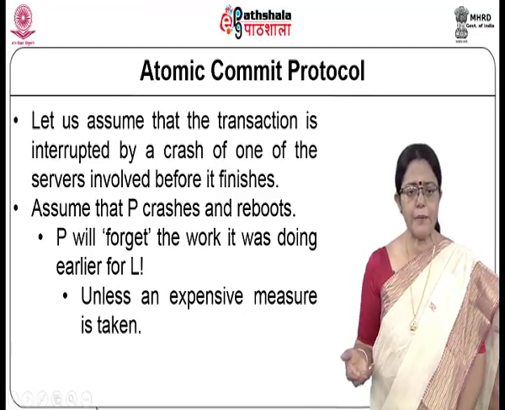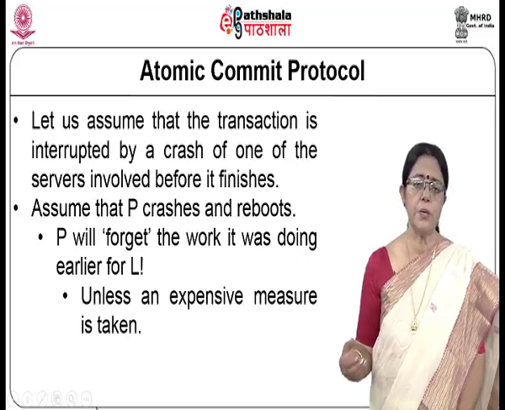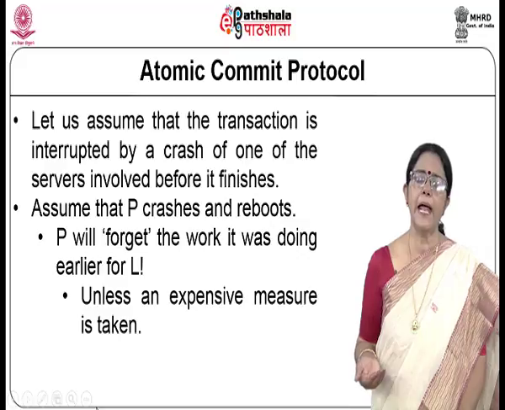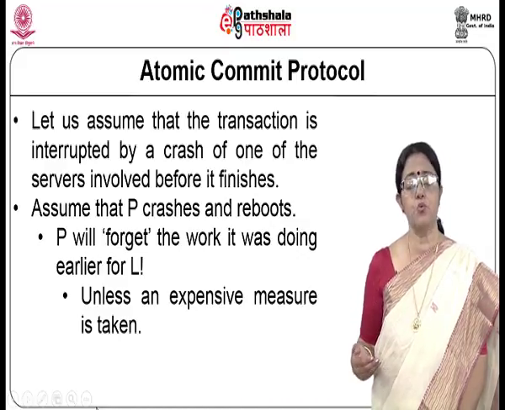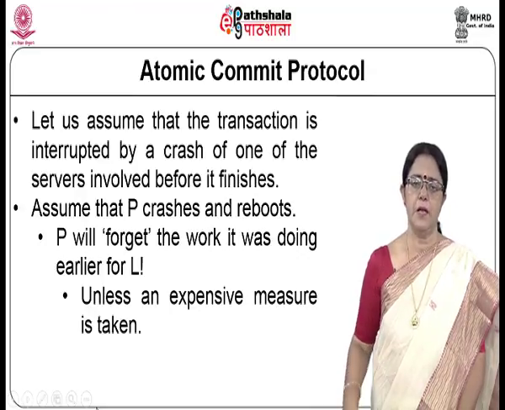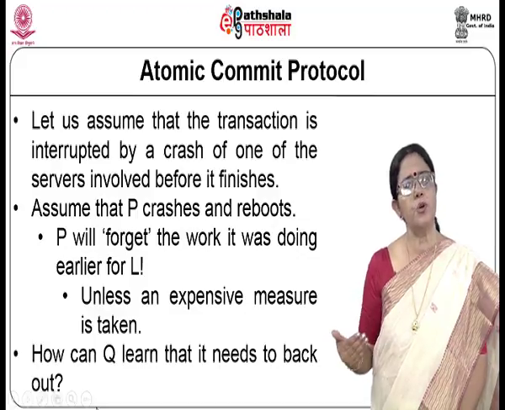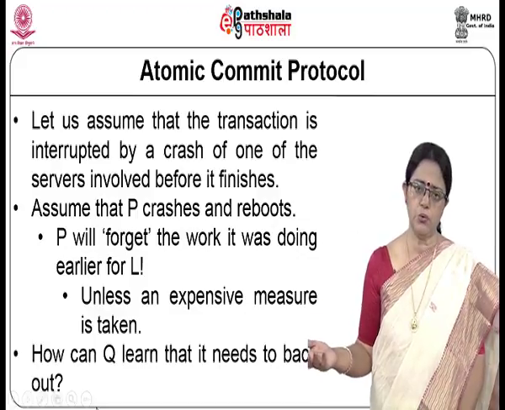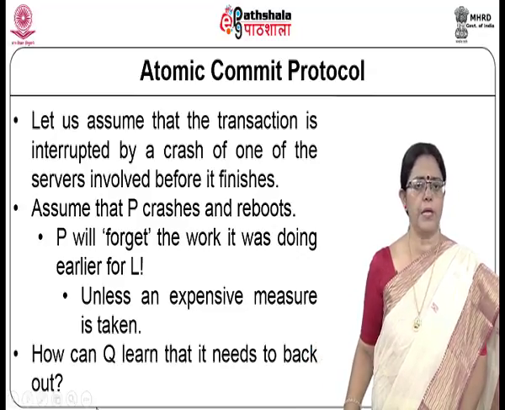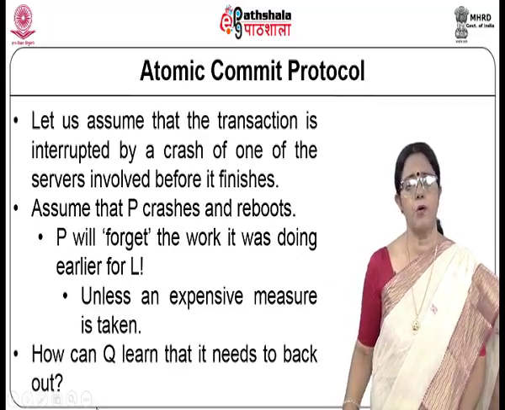When it reboots, P's primary memory will be wiped out, so it will not remember what it was doing halfway. So, we have to ensure that it does not forget, and we have to take some expensive measures. Now, if P does not want to continue, how do we make Q understand that P has forgotten? We are trying to abort the transaction, and Q also has to back out from whatever it has done.